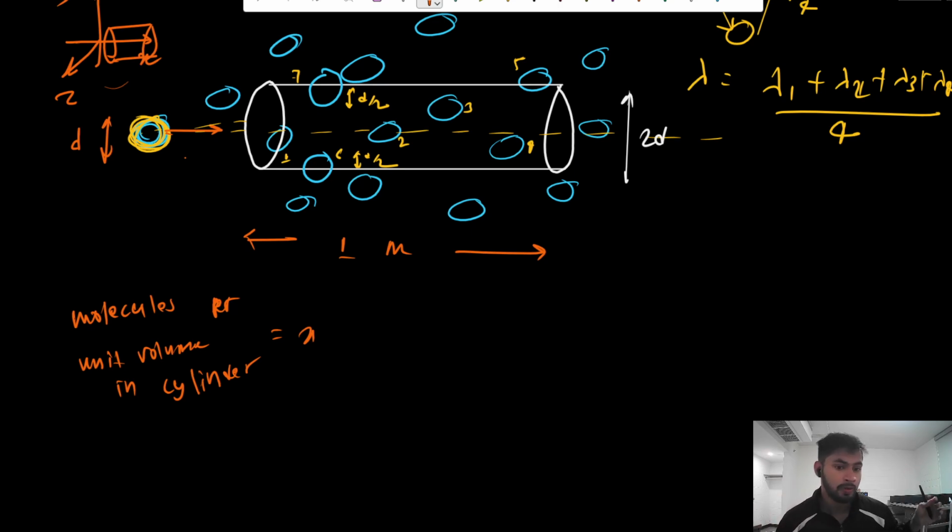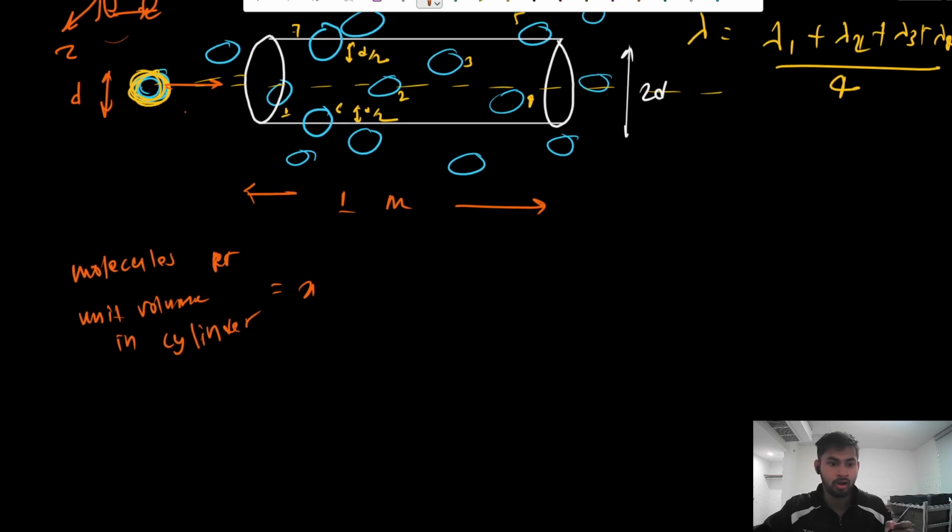So instead of assuming a number, we defined it as a variable: the molecules per unit volume in the cylinder, let's say X.